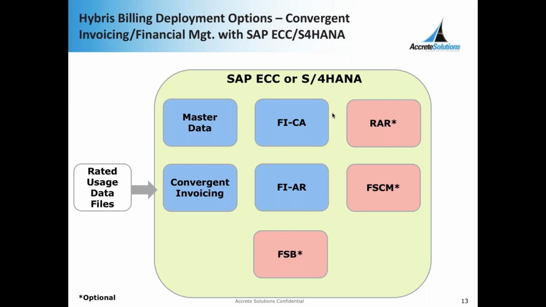You have FSCM, which is financial supply chain, which is basically collections, disputes, resolutions, credits, etc. And then there is FSB, which is flexible solutions billing. It is another tool for easier invoice formatting, etc.